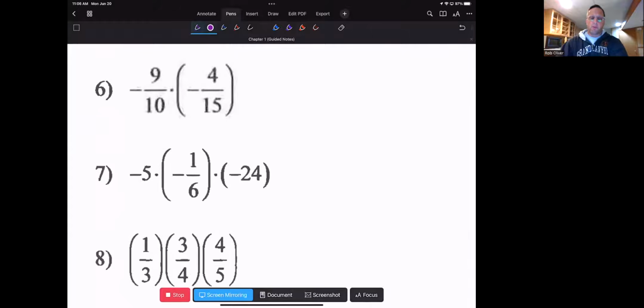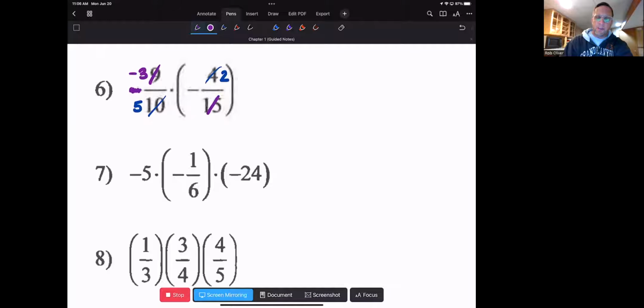Number 6, why don't we do a little cross canceling just to make things more interesting. 4 and 10 both can be divided by 2. So 4 divided by 2 is 2, and 10 divided by 2 is 5. And then 9 and 15 can be divided by 3. So 9 divided by 3 is 3. I'm going to just put this negative up there.